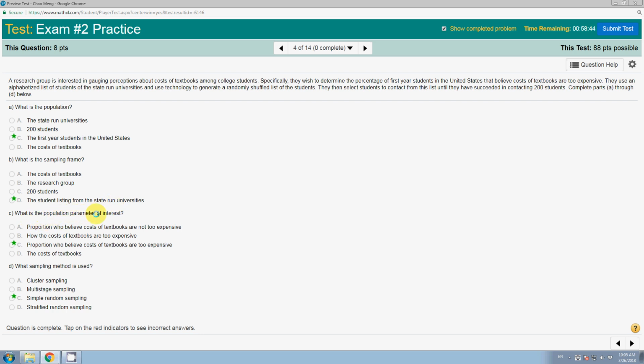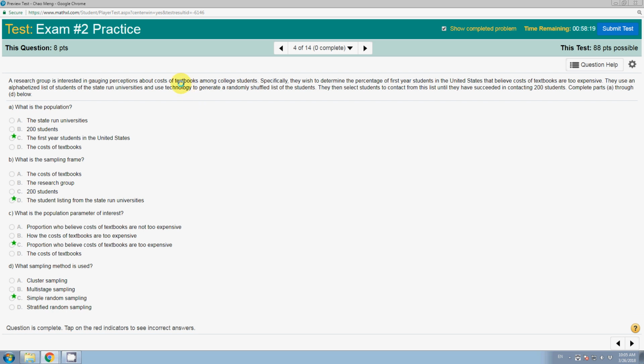Part C, what's the population parameter? The population parameter is a value that we want to calculate or get from doing the survey. So it has to be something like a percentage or proportion, or an average of something, like average age, average GPA, average income. It has to be some number that we can calculate.